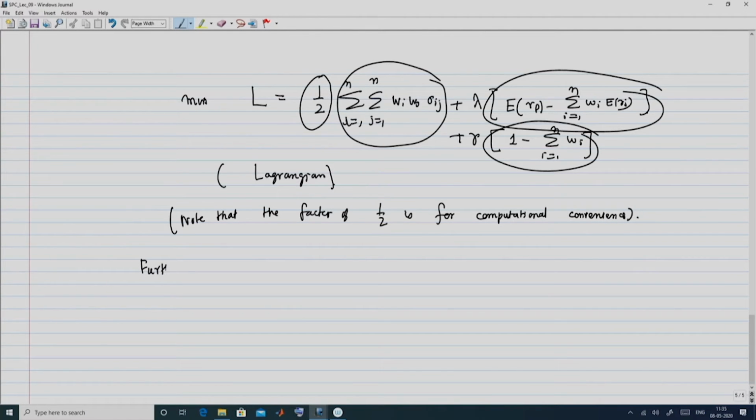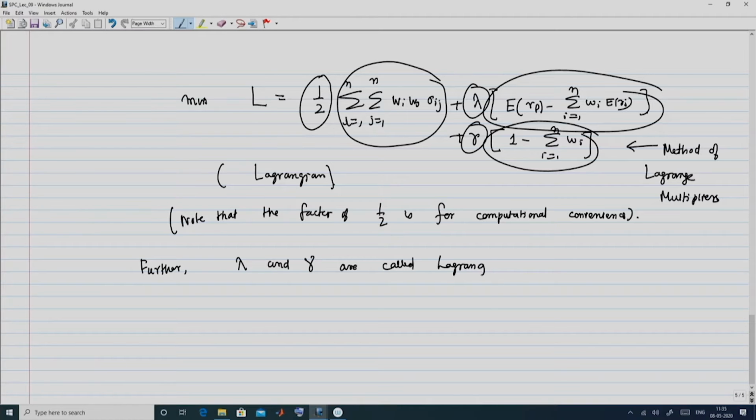Further, lambda and gamma, remember that we have introduced two constants here. For this discussion I refer you to consult some calculus book on the method of Lagrange multipliers. Here lambda and gamma are called Lagrange multipliers.